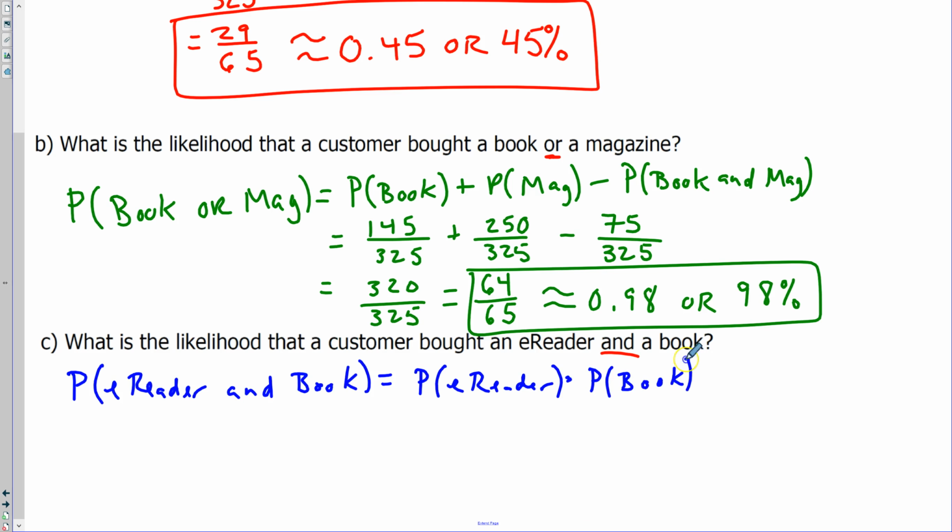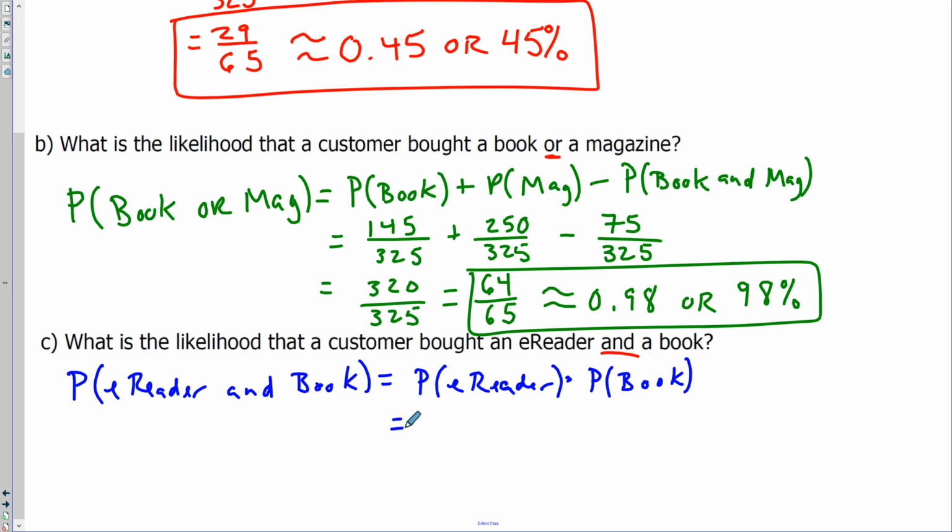And sometimes when you're doing this AND type probability, the second probability you may have to adjust knowing that the first thing occurred. Now here we don't have to worry about that because someone buying an e-reader versus buying a book are independent events, right? If I go in and buy an e-reader, that doesn't necessarily affect my purchase of buying a book. And so we don't need to adjust our probabilities.